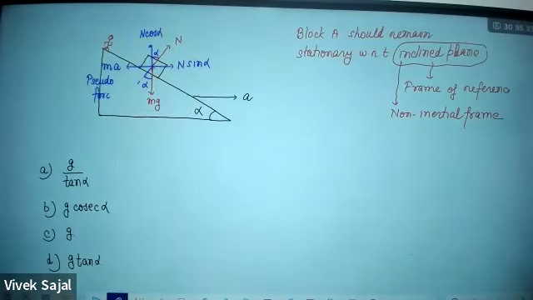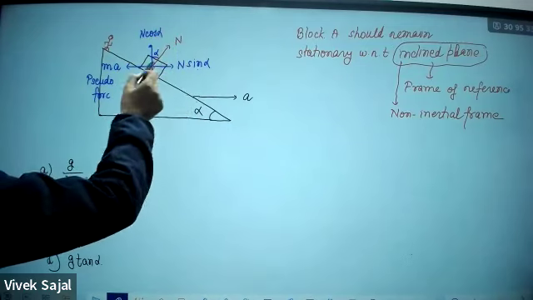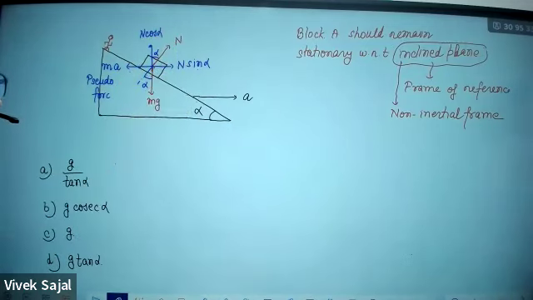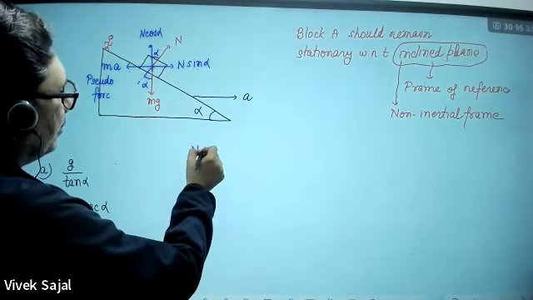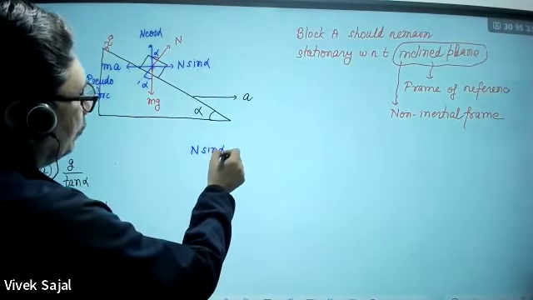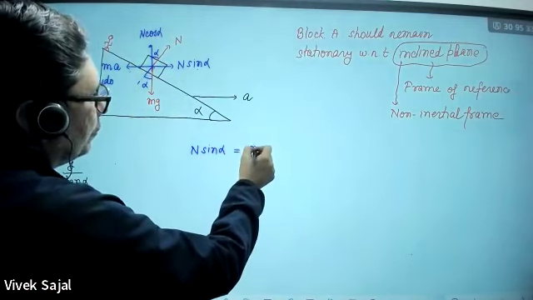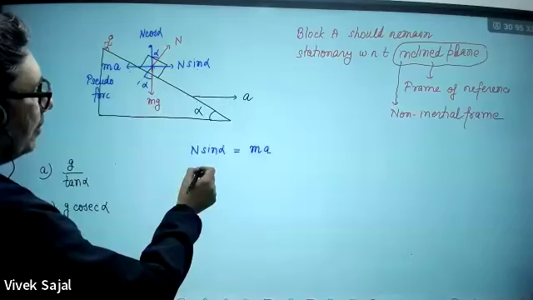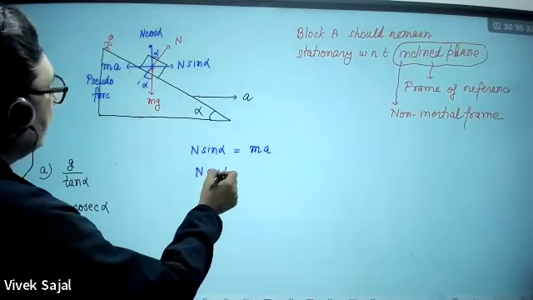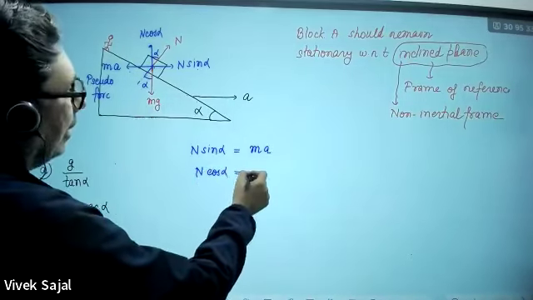This n sin alpha is going to balance the pseudo force ma, and this n cos alpha is going to balance mg.